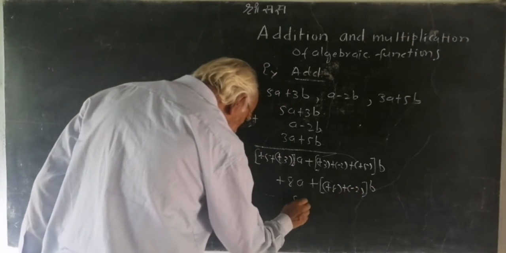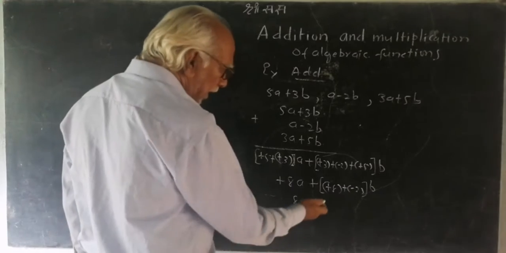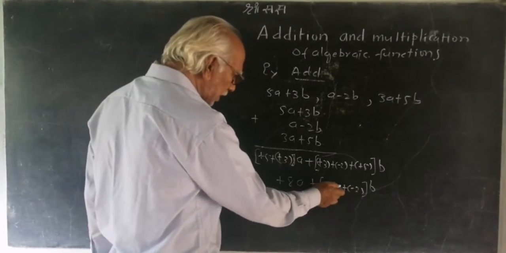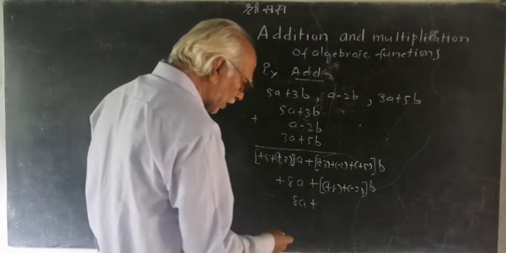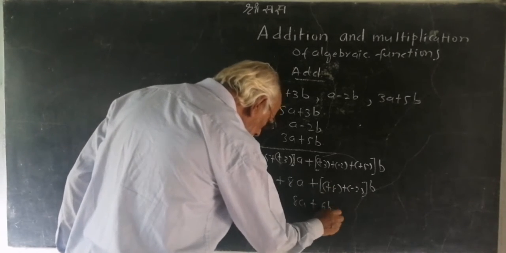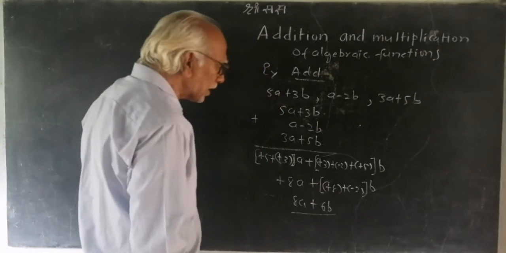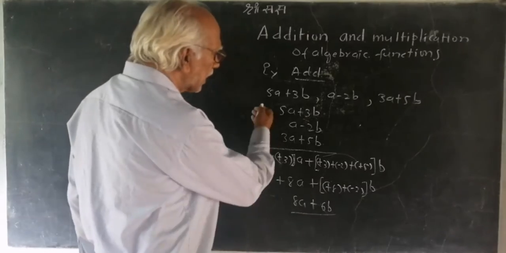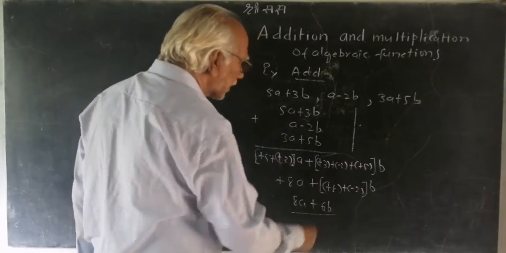So what will it be? It will be 8a, and this is plus 8 minus 2. They carry different signs. Take the difference, which is 6, and what is that sign? Plus only. So it will be 6b. So what is the answer? 8a plus 6b. We can directly also add.